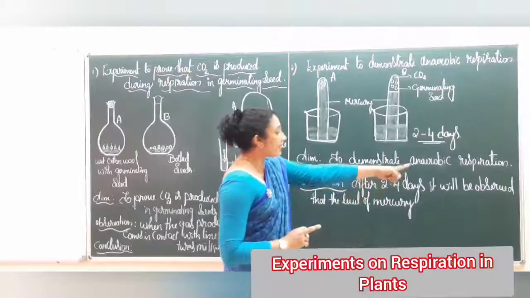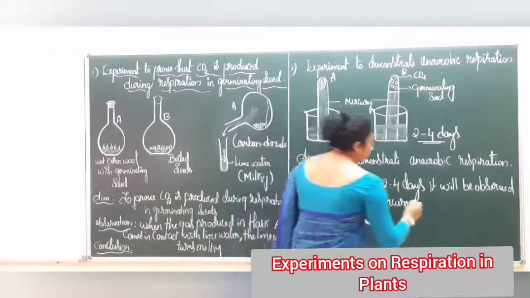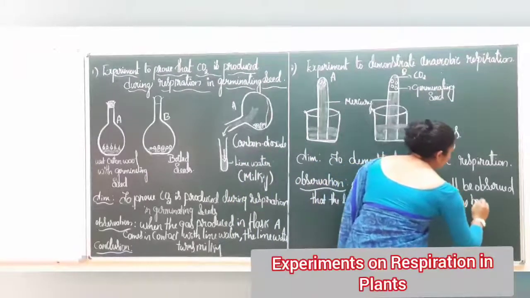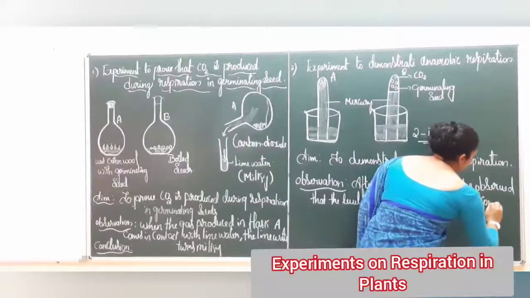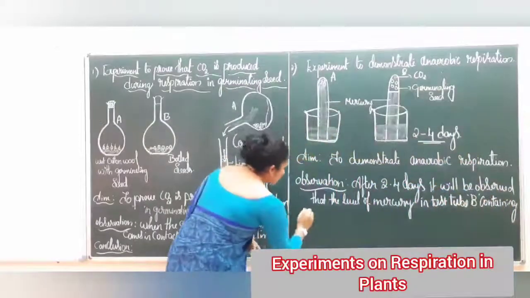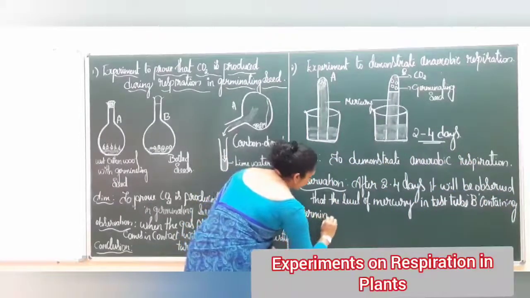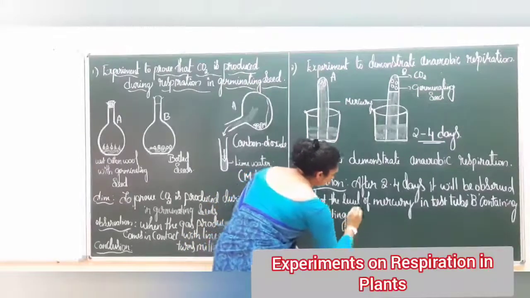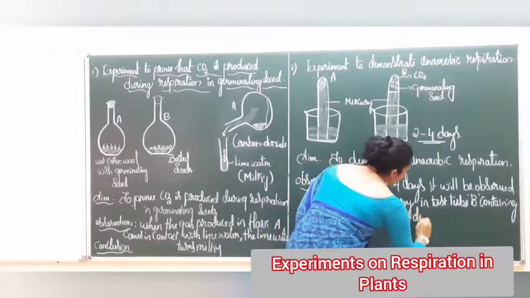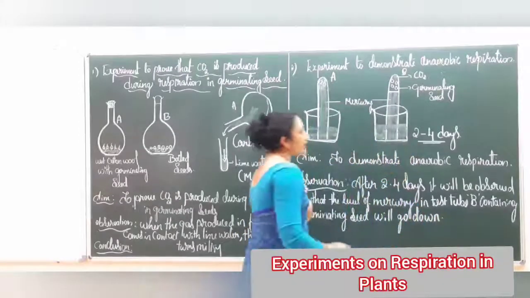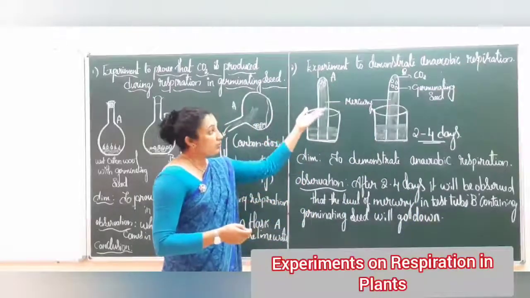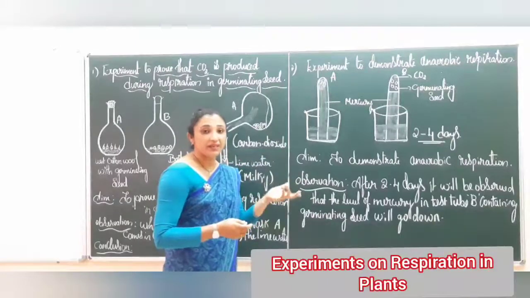After 2 to 4 days, it will be observed that the level of mercury in test tube B containing germinating seed will go down, or you can also write fall down. And what will be the conclusion? That is, during anaerobic respiration, carbon dioxide will be liberated.